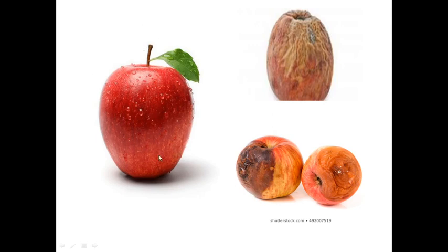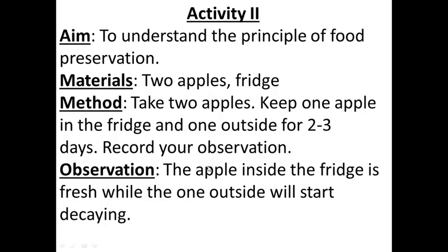Yes, see the red color. This is a fresh apple which is stored where? In the refrigerator. Very good. And see these apples that we kept outside. Understood? See the observation I have written: the apple inside the fridge is fresh while the one outside starts decaying, that is, it is not edible for us.